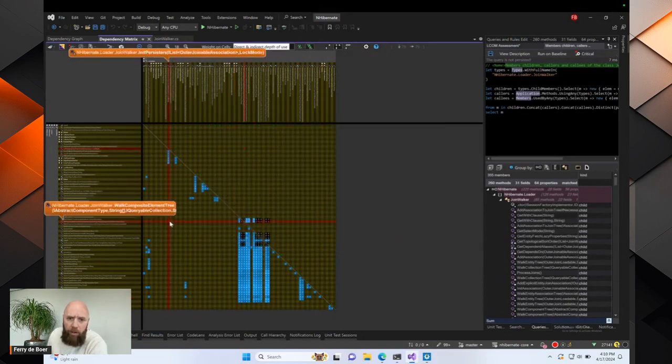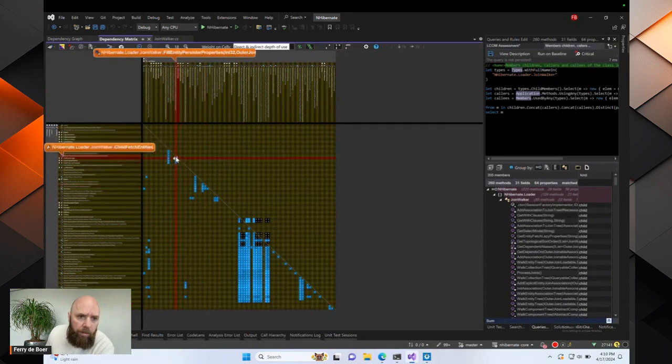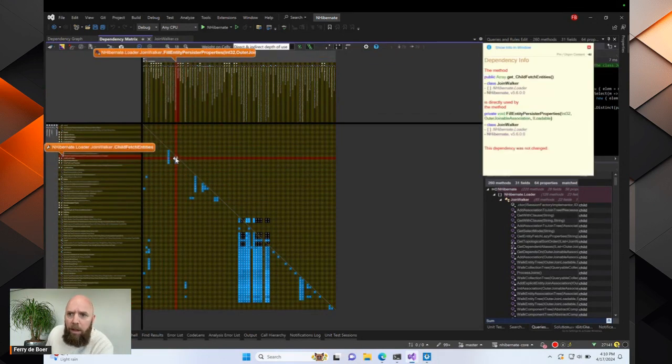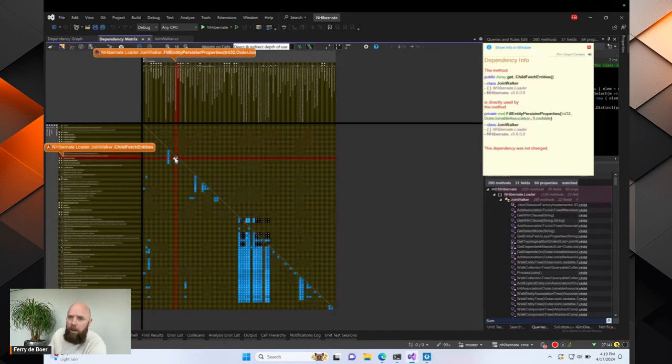one direction of the dependencies, because it becomes a bit easier to reason about, because that basically implies, if I hover over, that the column here has a dependency on the row, and the other way around is basically how many colors are there.